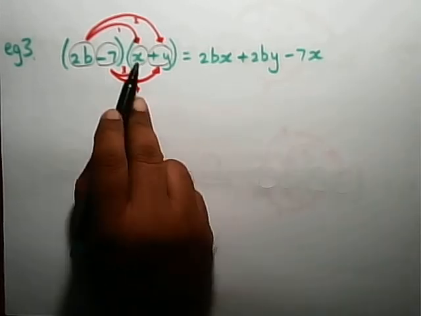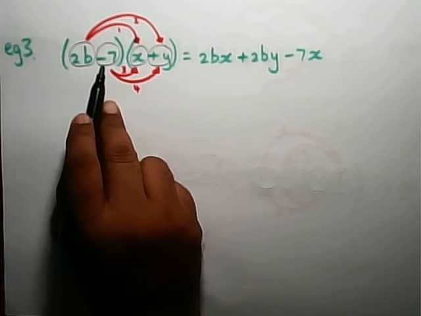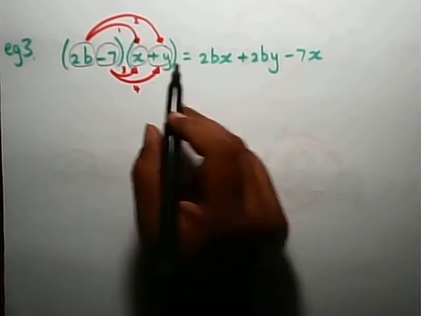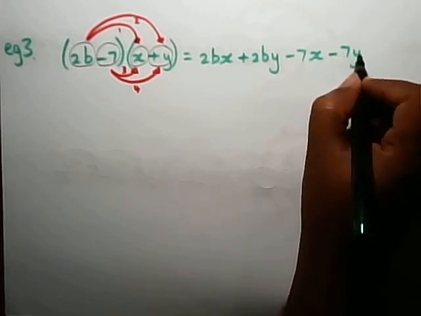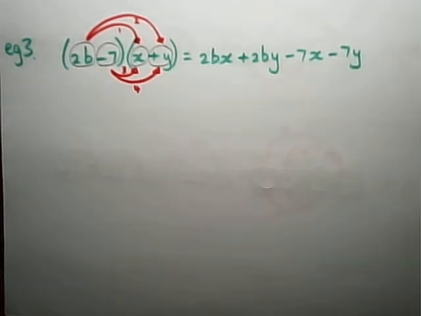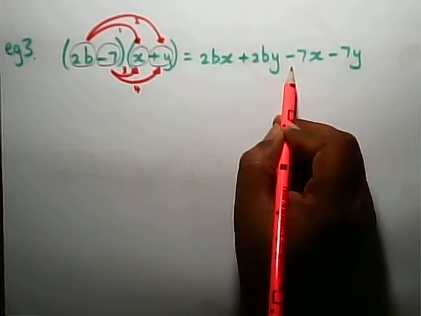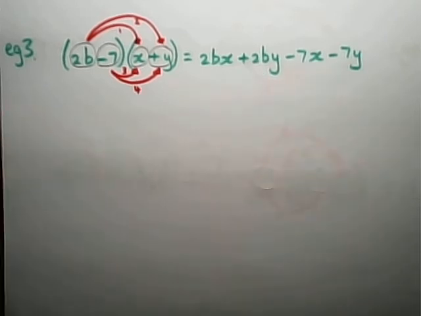A negative by a positive gives you a negative answer. And then a negative by a positive again gives you a negative answer. Minus 7 times positive y, minus 7y. We have 4 terms here. Look at the 4 terms. None of them are like terms, so you'll stop right there.